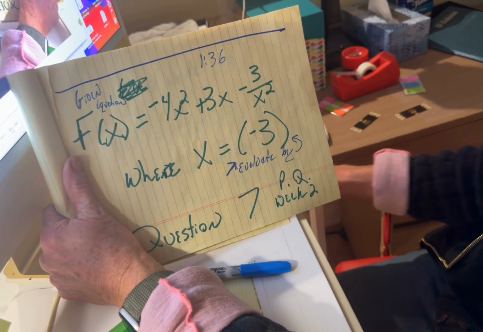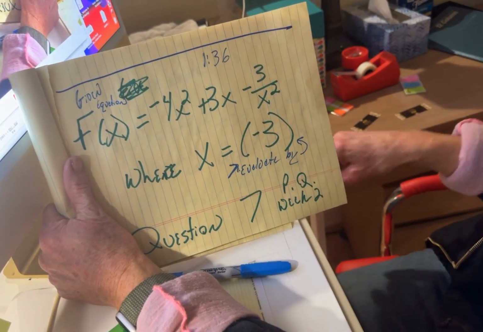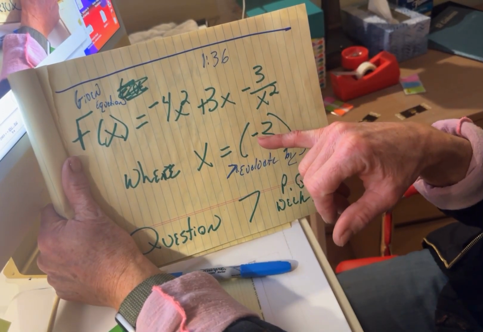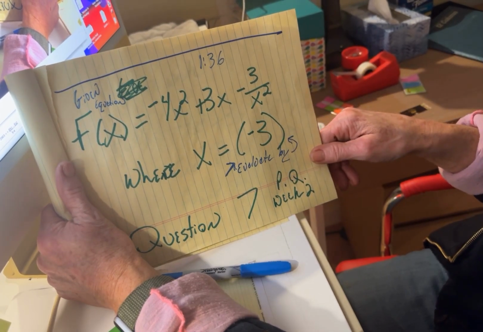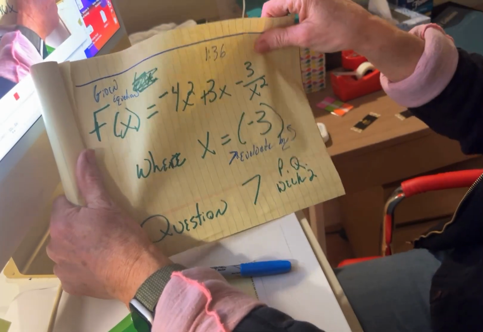We are going to evaluate this where x equals negative 3. The first thing we want to do is rewrite this.